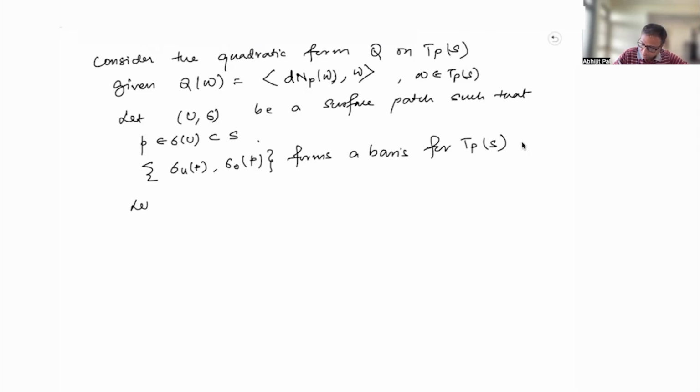So now let W be a vector in the tangent space.